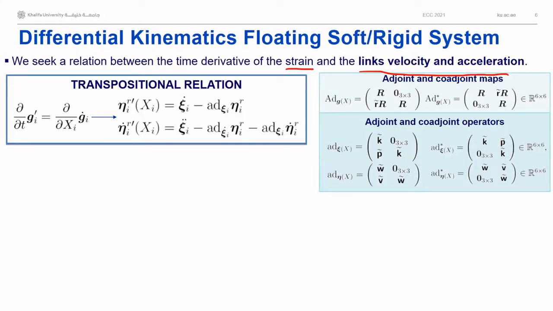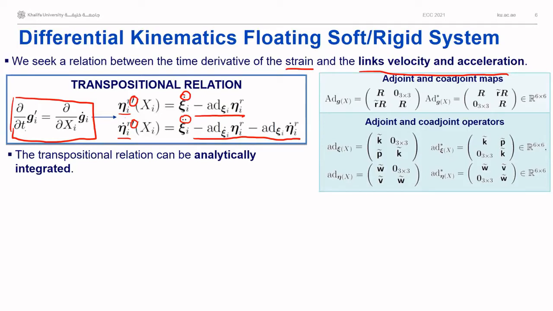To do that, we start with the mixed partial derivative of the configuration with respect to time and space, and we obtain the transpositional relation, a very important one, because they relate the space derivative of velocity and acceleration, relative velocity and relative acceleration, with the time derivative of the strain. And those are additional elements that are there because it's not flat. The space of coordinates here is not flat.